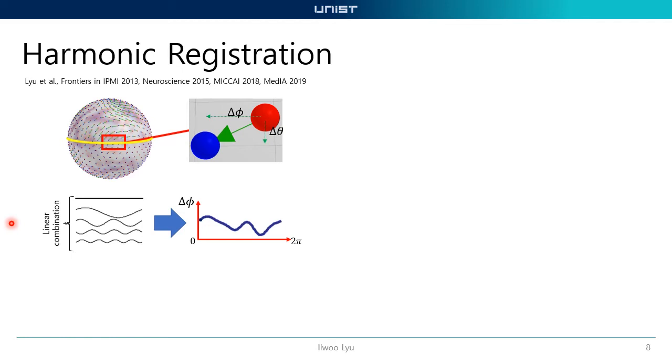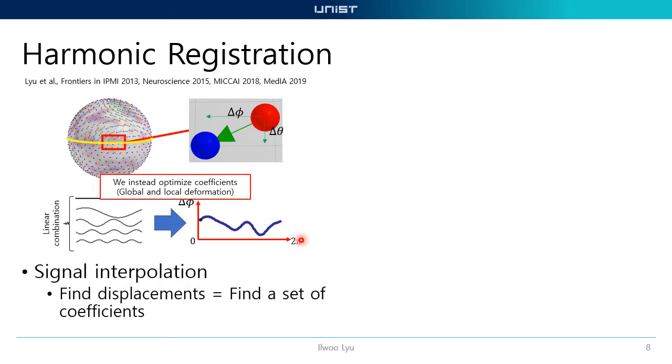If we add more and more frequency basis, then we can get the same result as the signal. At the same time, we can also optimize all the displacement together, and we keep fine-tuning all local displacement by adding more frequency samples. So finding a displacement is equivalent to finding a set of coefficients in the frequency domain.